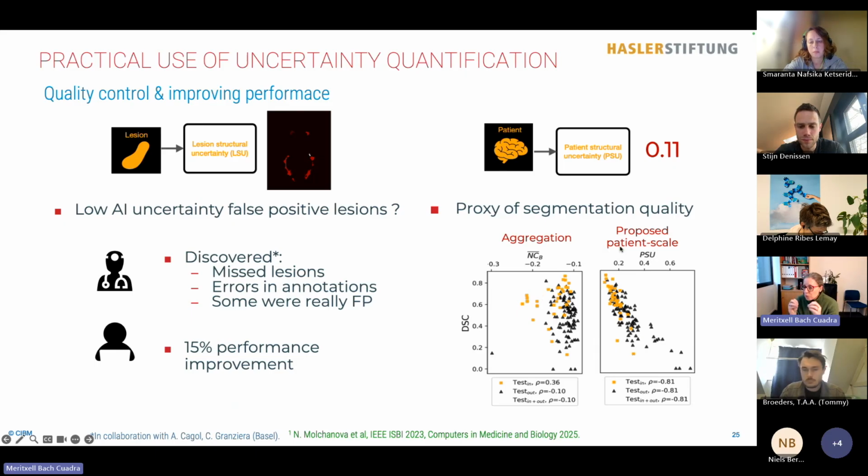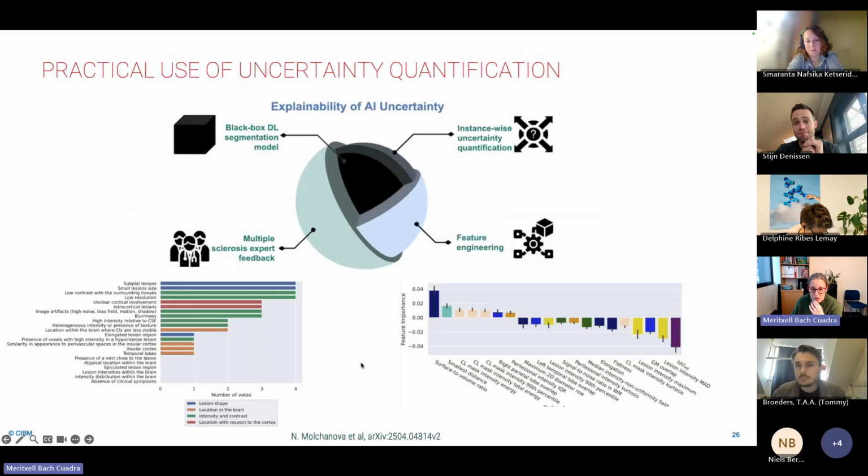But when you look at the proposed structural patient scale uncertainty against the ground truth, you see quite a nice correlation. So it means that it can be used, and this correlation prevailed out of domain as well. So it can be a proxy for quality control of your segmentation. And I'm happy to explain it again if it was not clear.